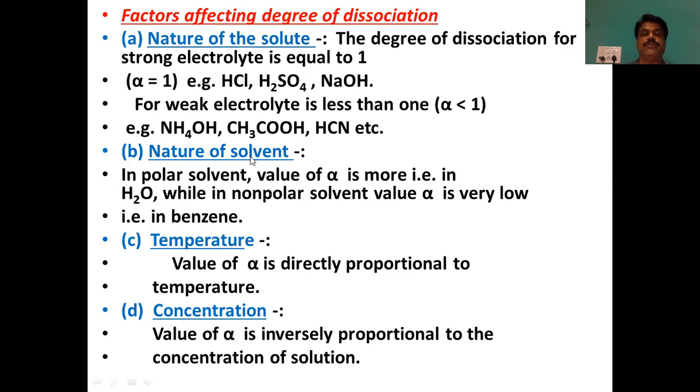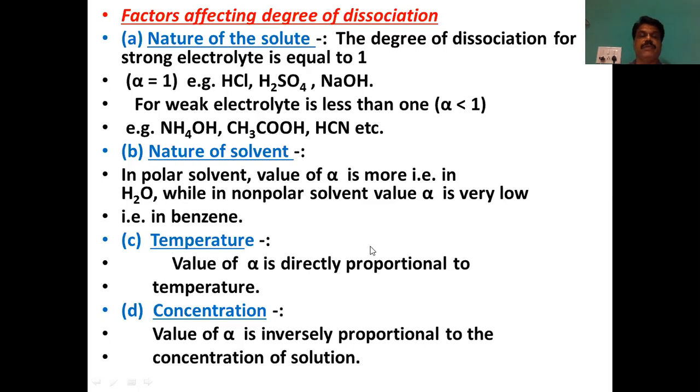Second, nature of solvent. In a polar solvent, the value of alpha is more than in a non-polar solvent. That means H2O is a polar solvent and benzene is a non-polar solvent. Therefore, the value in H2O is more than in benzene.